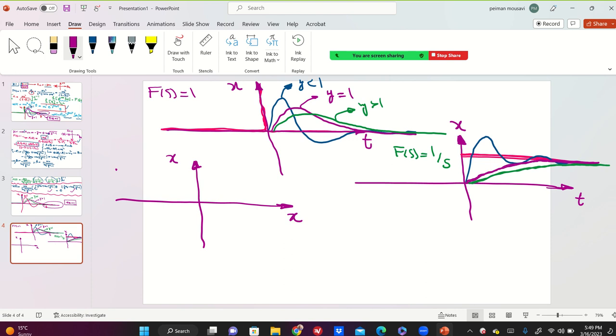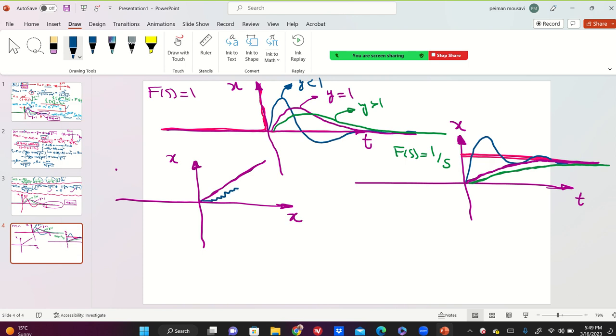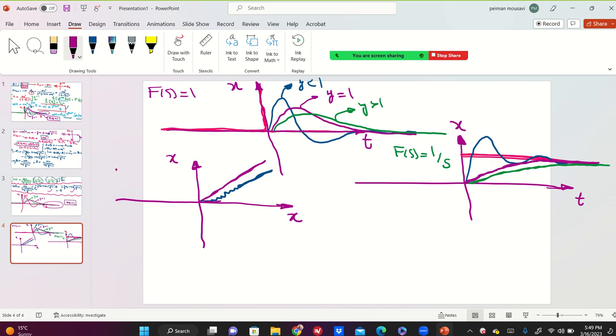So if you have a ramp, for underdamped, if you remember, we had the oscillation and then this constant error signal, remember? And for zeta equal to 1, there's no oscillation, it's going to be like this.